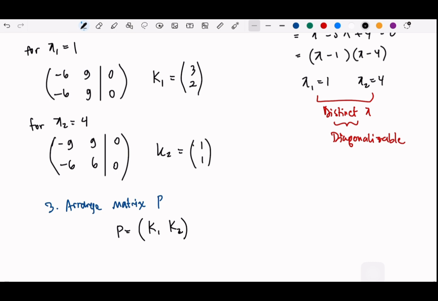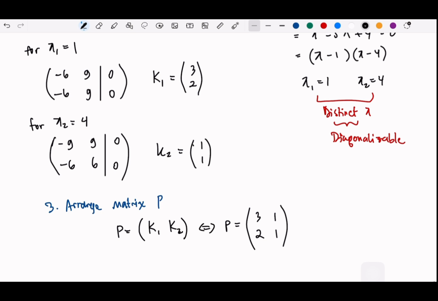Maybe you say this is 1, this is 2, and you will see that this will also exchange. And basically when we multiply, we get the same conclusion, that they are going to be diagonalizable. So we get P using these eigenvectors, which is 3, 2, 1, 1.